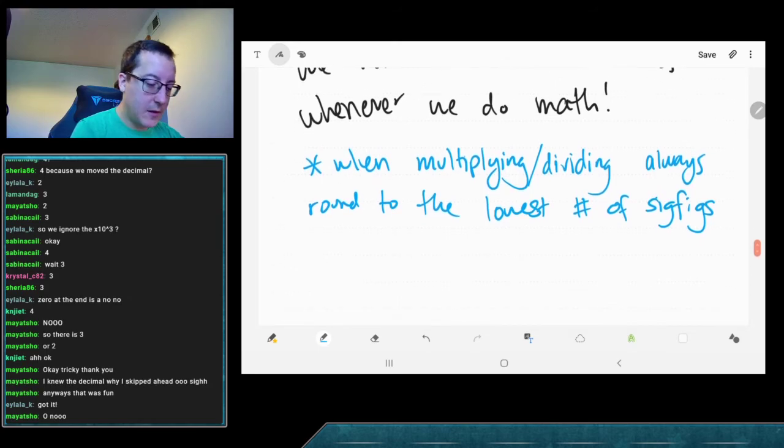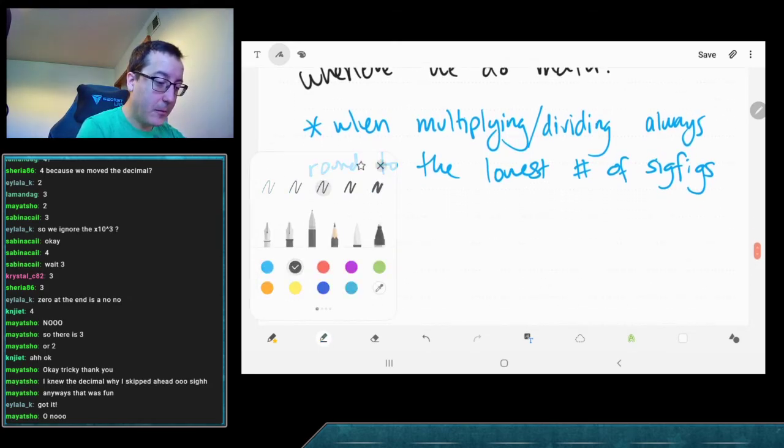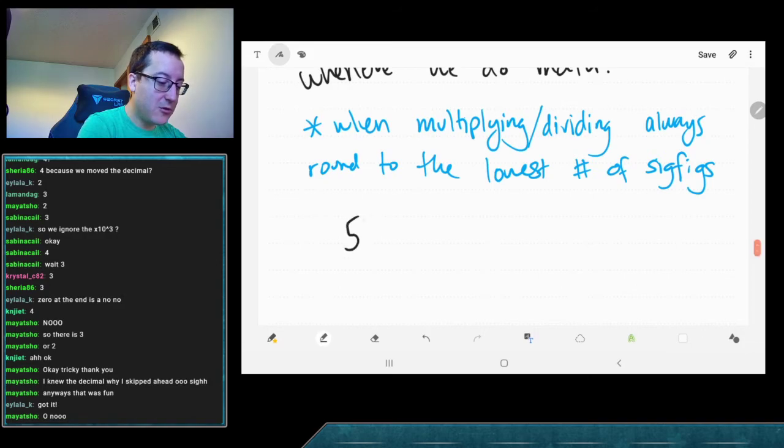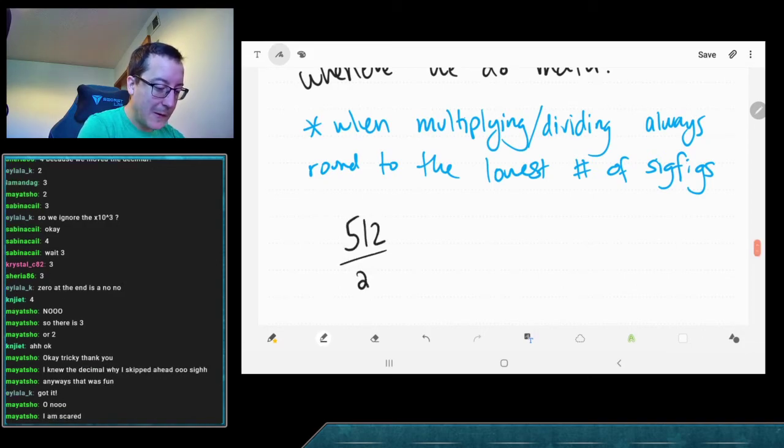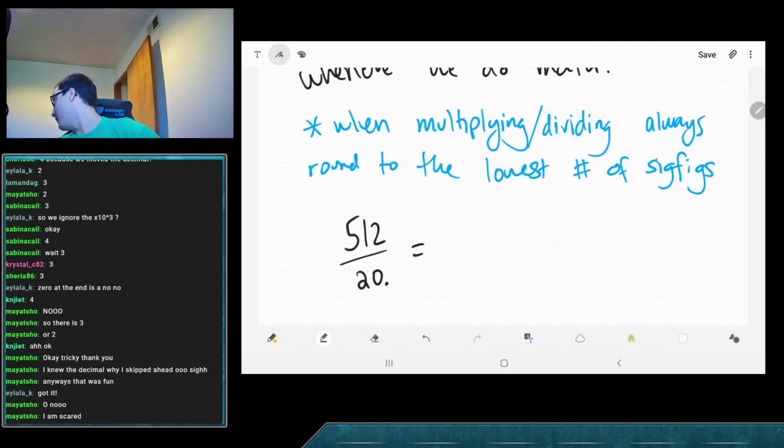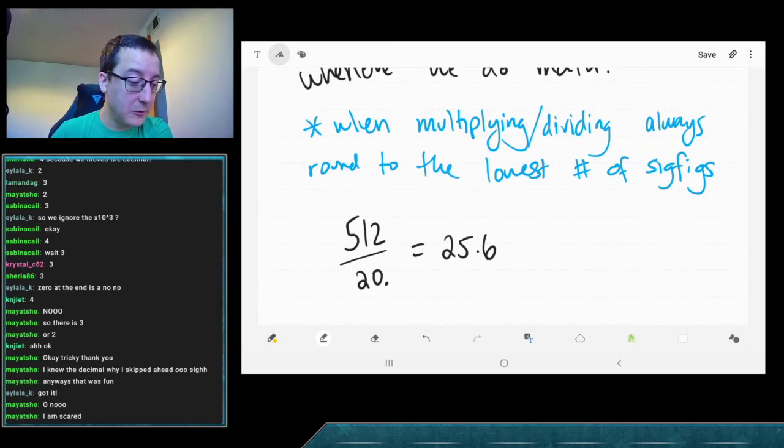Okay? So that means if we have 512 divided by 20 with a decimal point, if we do the math, 512 divided by 20 is 25.6. So, looking at this number, 512 had how many sig figs?